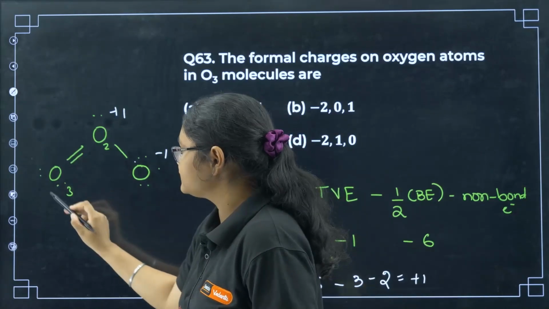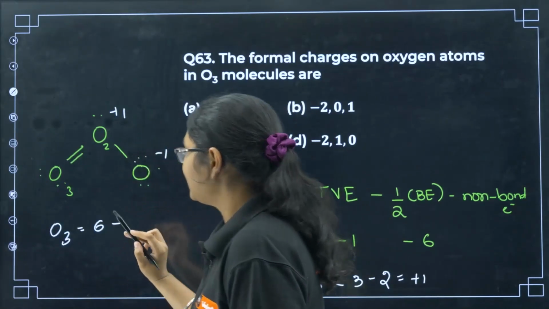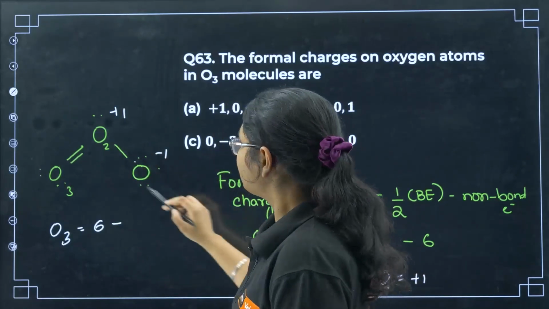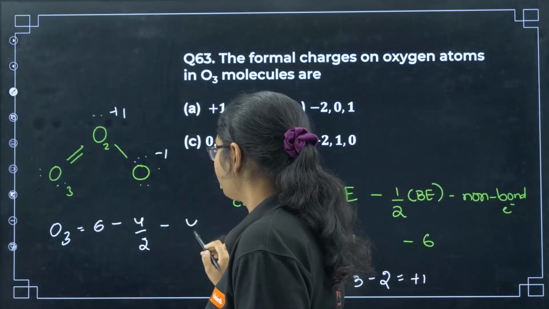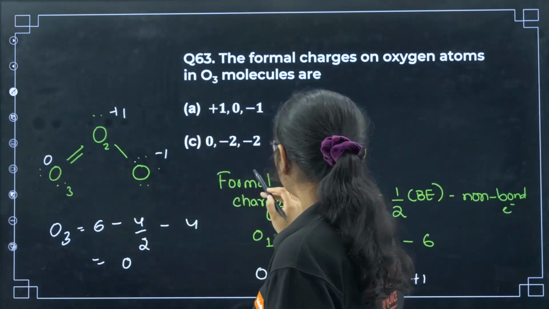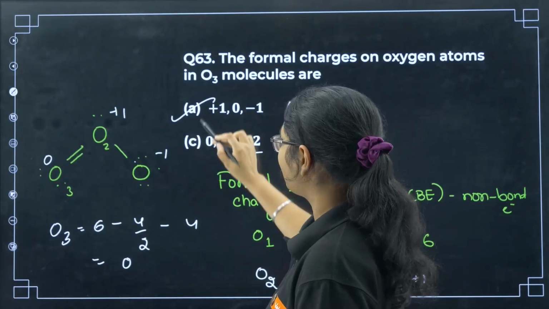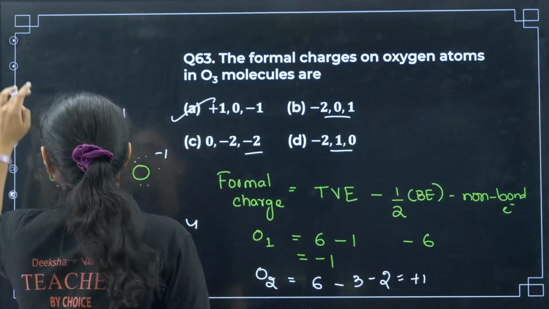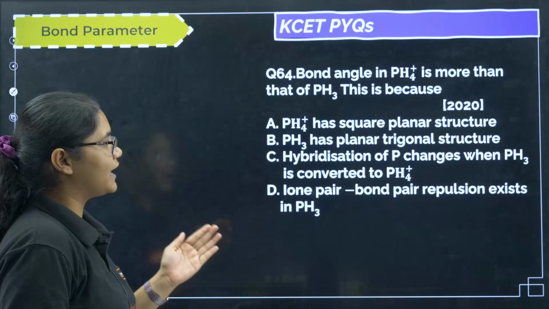Now for O3, what is the valence electron? 6 minus bonding electrons 4 by 2, and non-bonding electrons are again 4. So I have 6 minus 6, that is 0. So I have only one option: plus 1, 0, and minus 1.